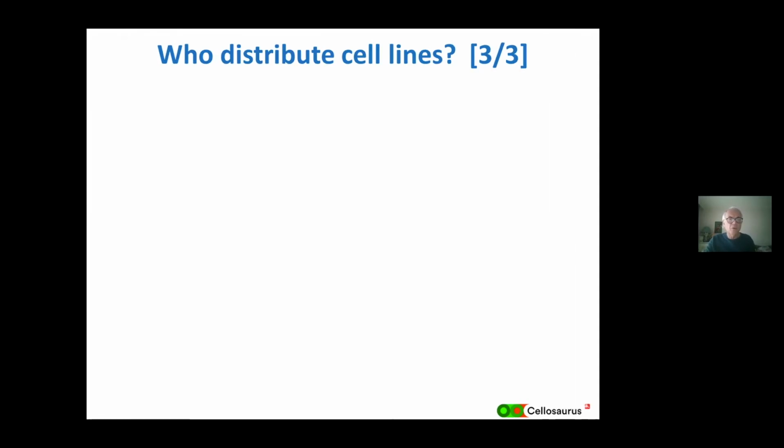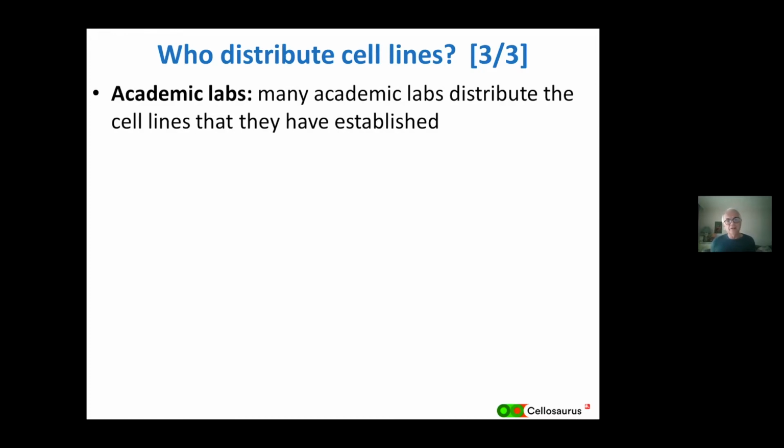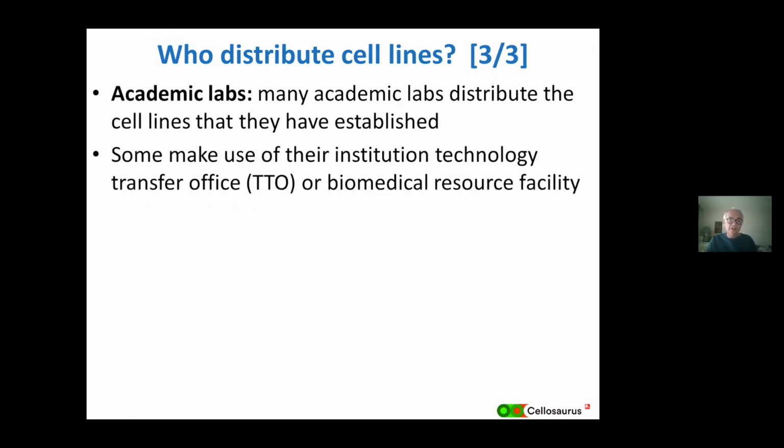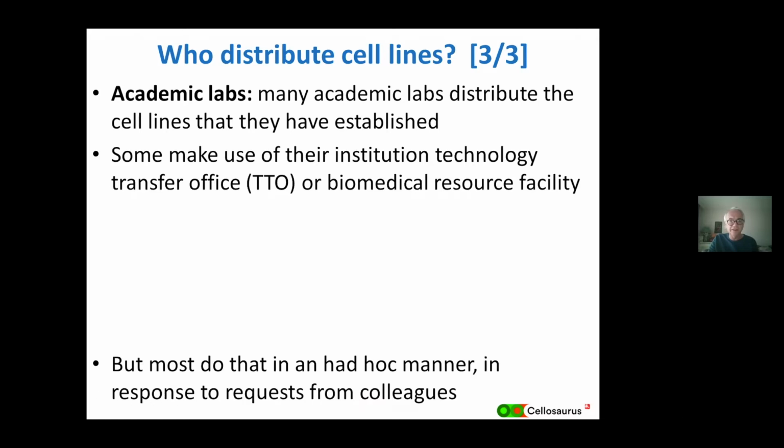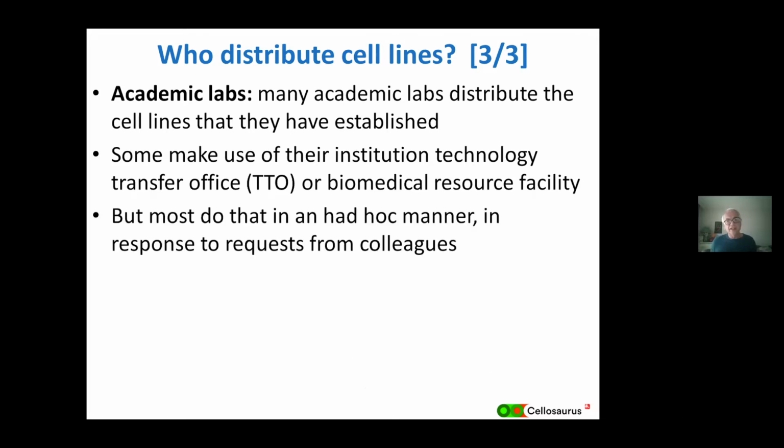Now, one of the main ways cell lines are distributed is by academic labs. Academic labs establish cell lines, and then they distribute them. Some will do this through their TTO, their Technology Transfer Office, or their biomedical resource facility. But most do that in an ad hoc manner, meaning that a colleague will ask them for a cell line, and they will give it to that colleague.